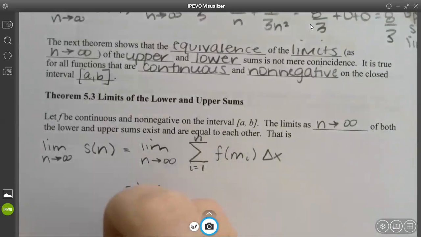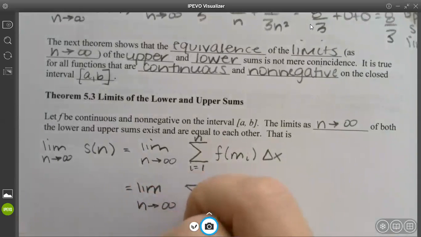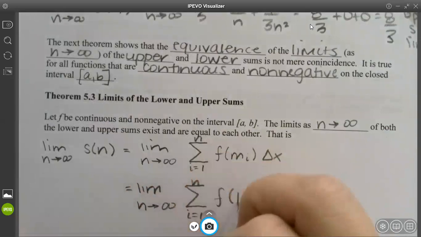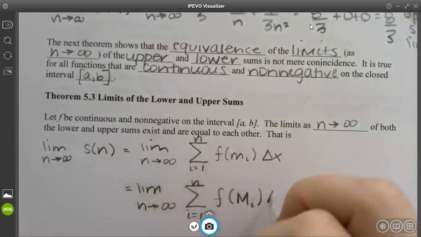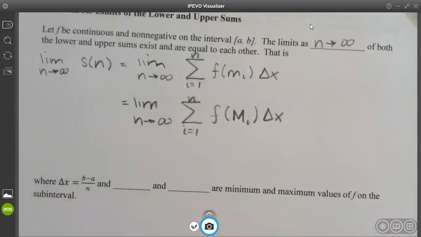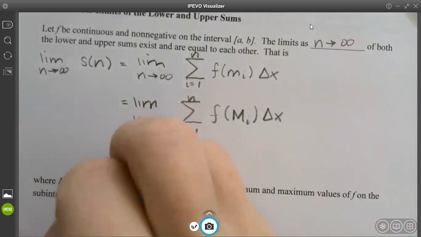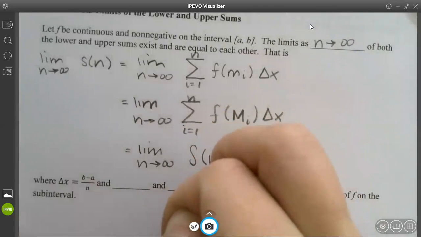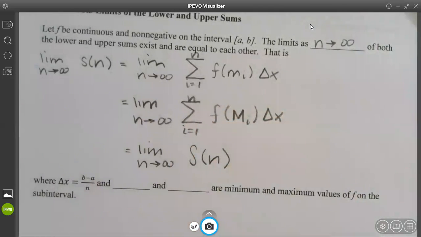We're going to write the same thing, but this time it's going to be the max function times delta x, which will equal the max function or the upper function.